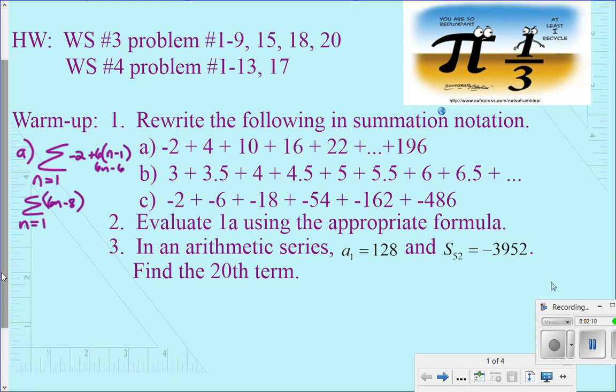Now, the only thing I also have to figure out is how many terms are in this series. So I'm going to set 196 equal to the explicit formula. And I might as well use the simplified form that I've already gotten. I don't need to go back to the original. So I'm just going to set 196 equal to 6n minus 8. And I'm going to add 8 to both sides.